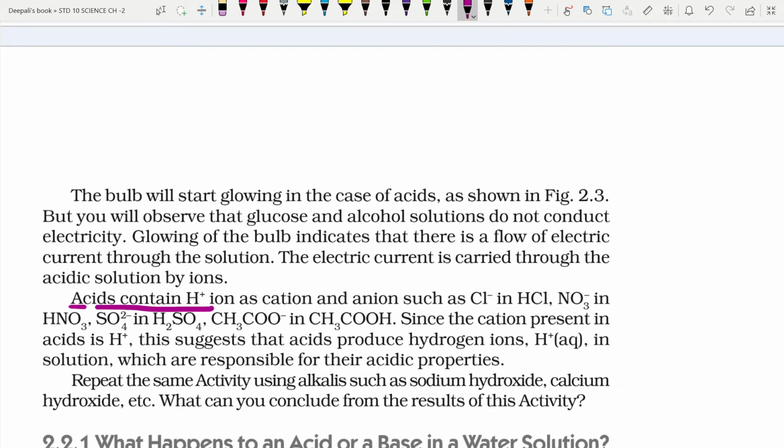Acids contain H+ ions as cations and anions such as Cl- in HCl, NO3- in HNO3, SO4 2- in H2SO4, CH3COO- in CH3COOH. Since the cation present in the acid is H+, this suggests that acid produces hydrogen ions, that is H+(aq), in the solution, which are responsible for their acidic properties.